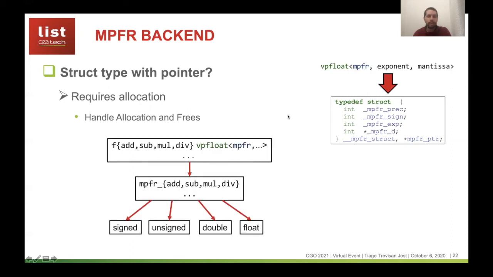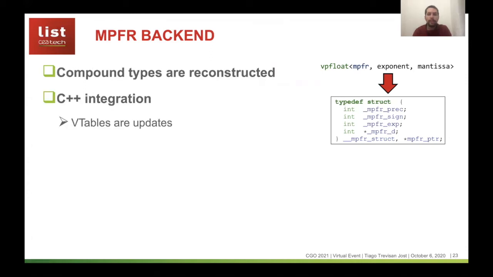Each one of the operations performed with the VP-float MPFR is changed to correspond to the right functions and operations of the MPFR library, just like we can see here in this picture. Compound types like classes or structs that make use of the VP-float types are reconstructed as MPFR struct types. So is the case for the virtual tables, which are all updated with new MPFR references.